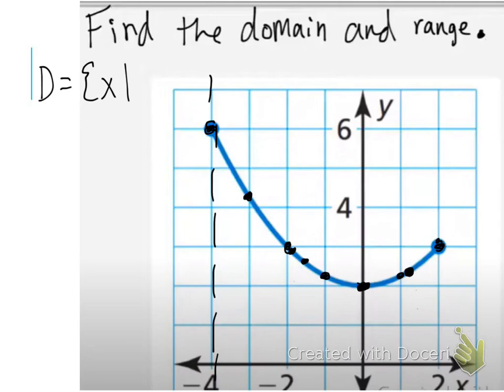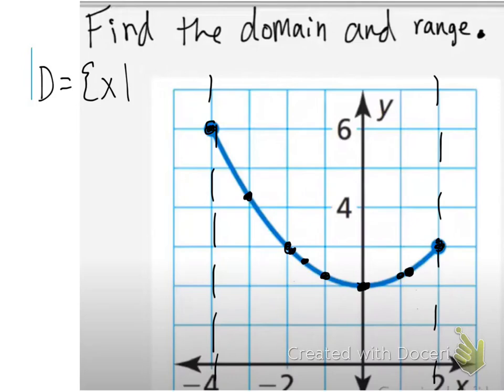Does everyone see that that's my smallest x value? Because the graph is stopping at that point. Does everyone see that? What's my largest x value? 2. Because it's stopping at this point, correct? If it had an arrow, that would mean that graph goes on forever in that direction, but it just has a point, so it's just stopping at that point. Does everyone understand that?